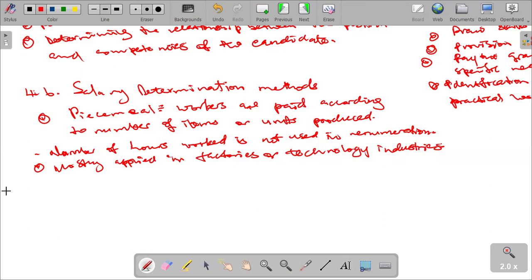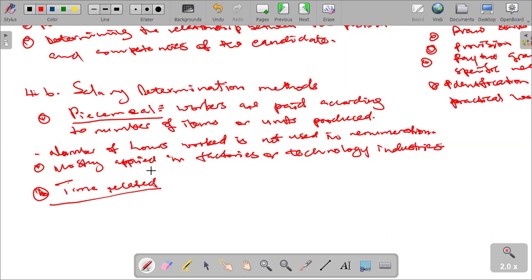And then number 2. We said piecemeal as the first method, and the second method is time related payment.